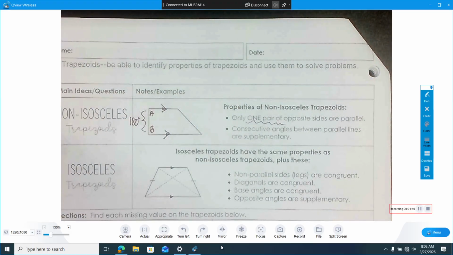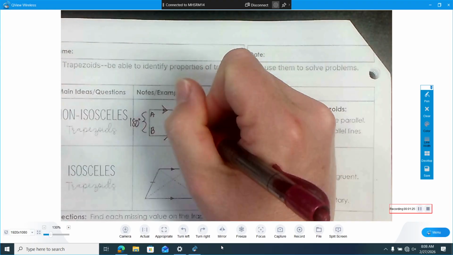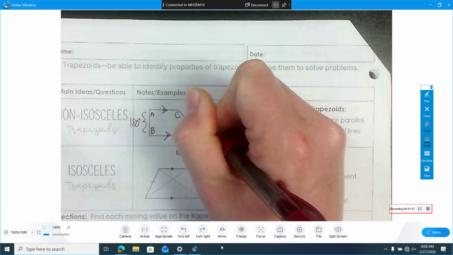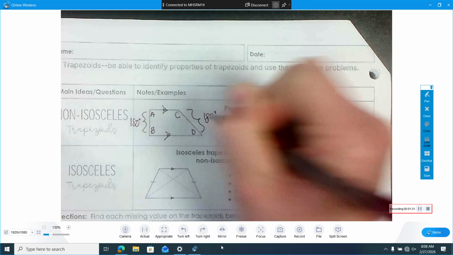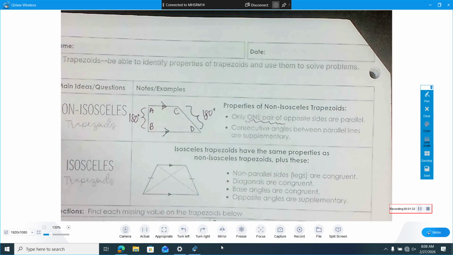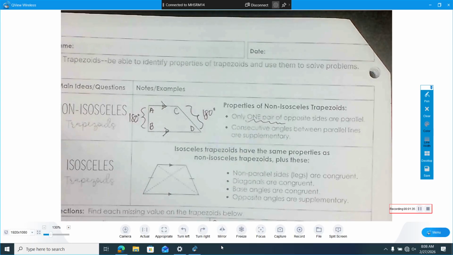They are consecutive interior angles. Here, C and D again would add to be 180 degrees, because they are same side interior angles. So consecutive angles between the parallel lines are supplementary.